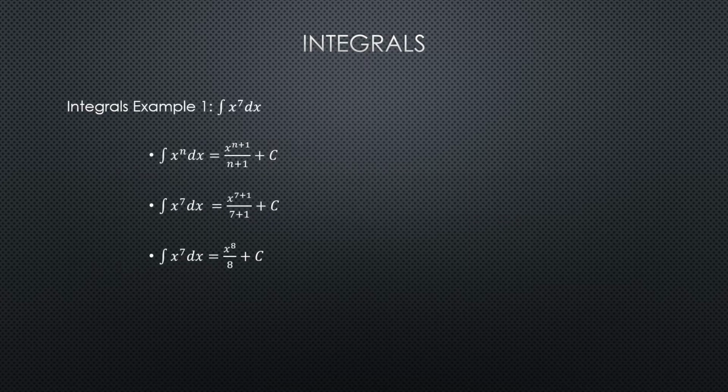So we're giving an example number 1. We're given a question that says, let's find the integral of x raised to the 7 dx. You can think of it as originally dy/dx equaled x raised to the 7th power, and all they've done is move the dx over to the other side of the equation.